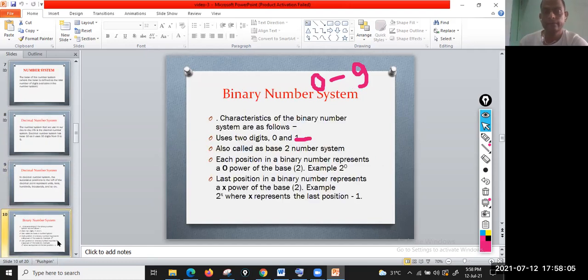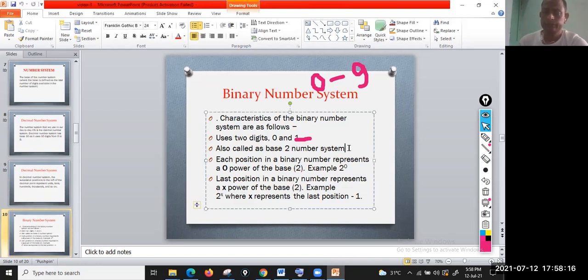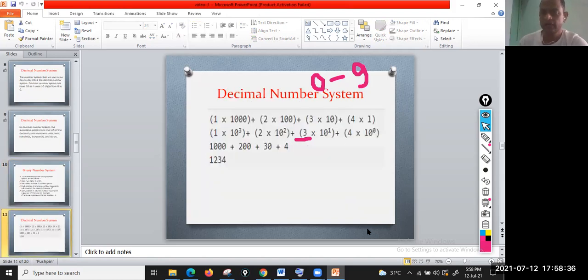The binary number system uses two digits, 0 and 1, also called the base 2 number system. Each position in a binary number represents a power of the base 2, for example 2 to the power 0. Just see this example.